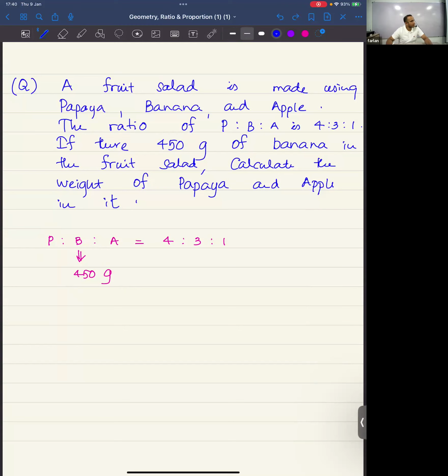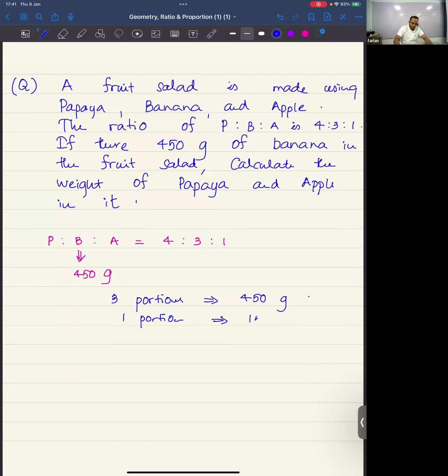Then what is the amount of papaya and what is the amount of apple is the question. Now, banana is represented with 3 portions, which means 3 portions in this ratio is equal to 450 grams. Correct? 3 portions corresponds to 450 grams. Then 1 portion is how much?